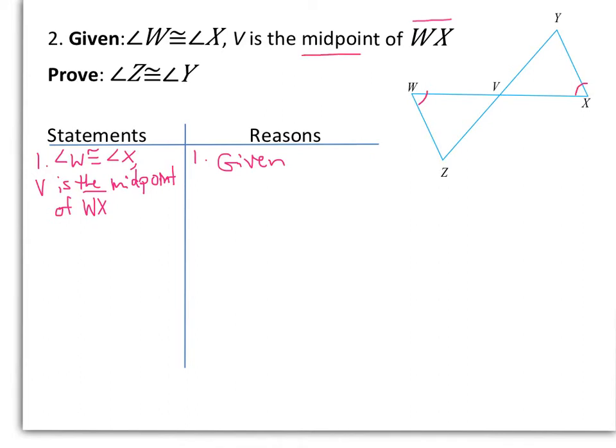So we have a key word here, midpoint. If you recall from chapter 1, a midpoint cuts a line segment in half, which means into two congruent parts. So that means that WV is going to be congruent to VX. So that's going to be the second thing I write down.